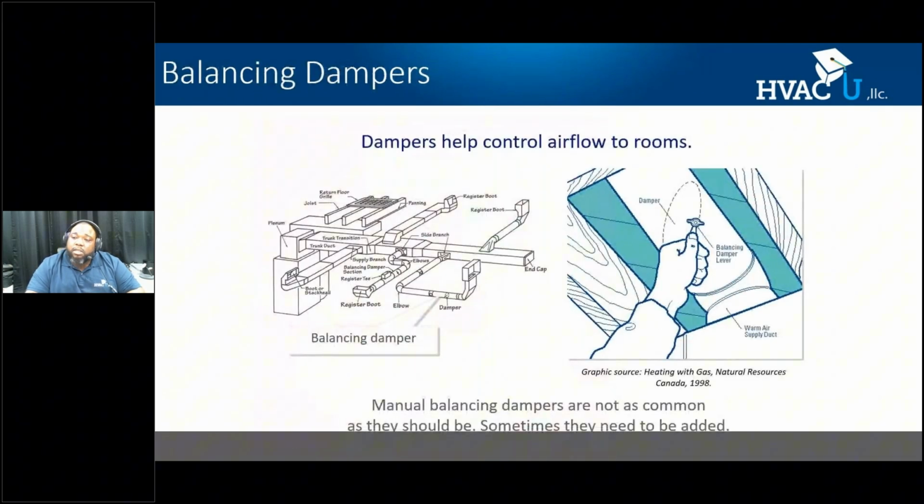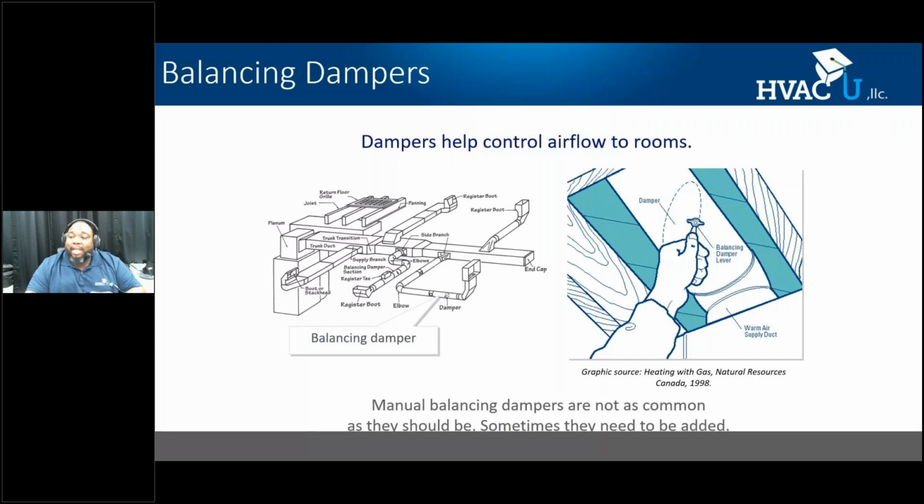Balancing dampers. All right, so on a true duct job that was done properly, I would have sized my equipment. I would have specified my equipment. I would have performed a duct design calculation. And generally speaking, the airflow is going to be different for my heating versus my cooling. I'm going to size that duct system for the worst situation or the situation that requires the most airflow.